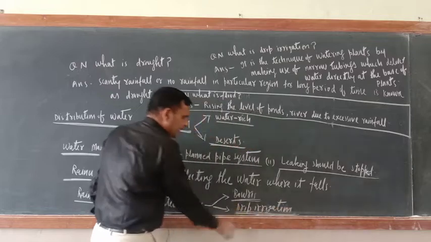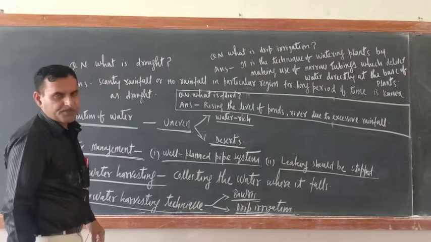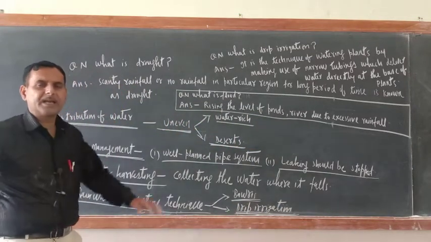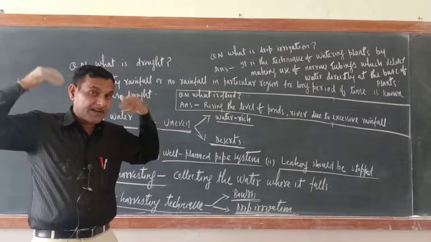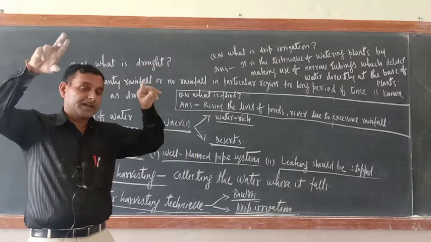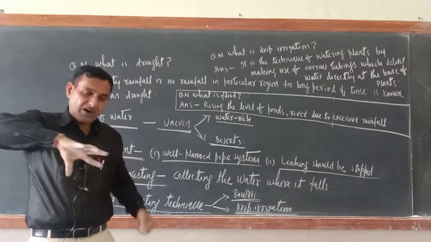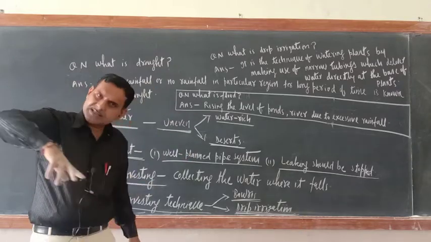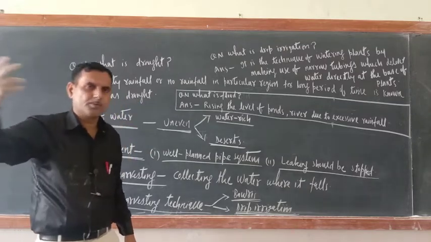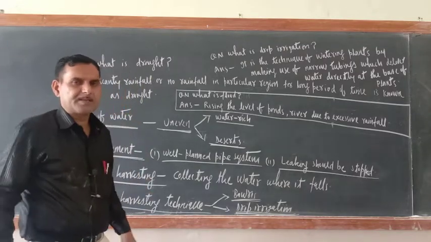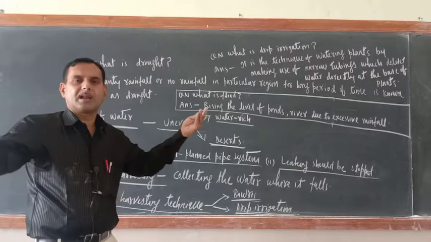What is drip irrigation? Okay. So Boweries means creating a big well. When rain comes, the Bowery is created in a place where a little bit of slope is there. Now in Sainik School campus, so many Boweries are there. You might have seen. Boweries means big well.